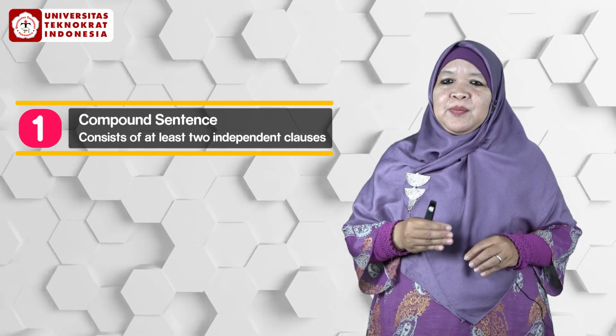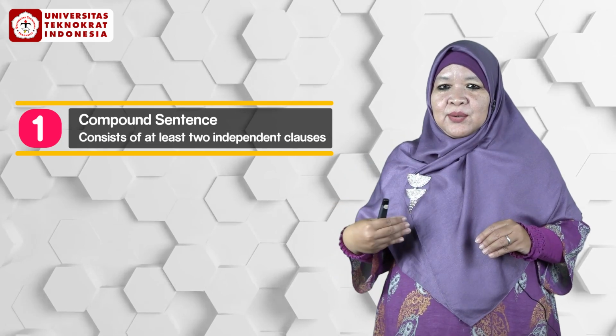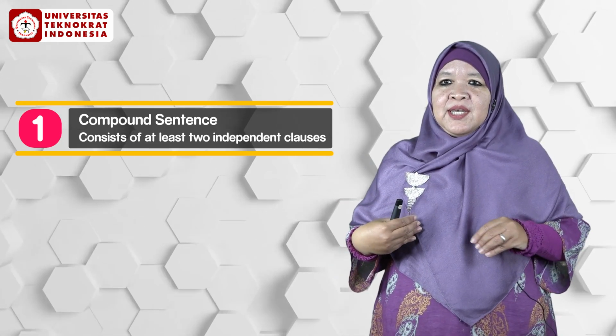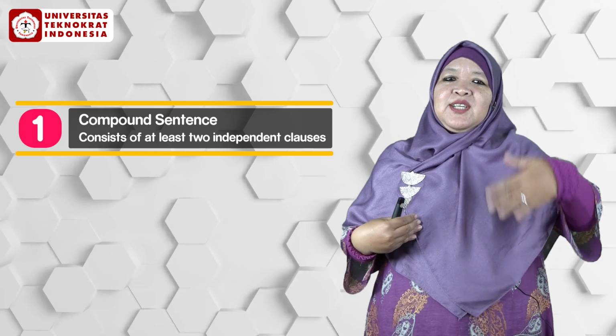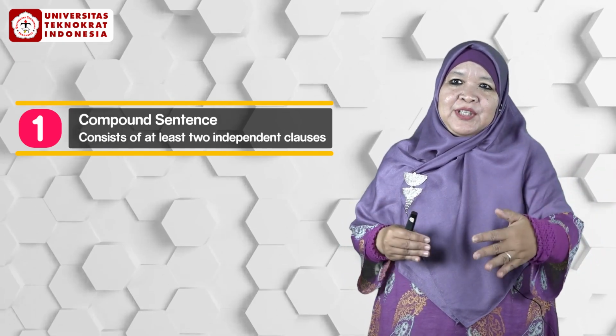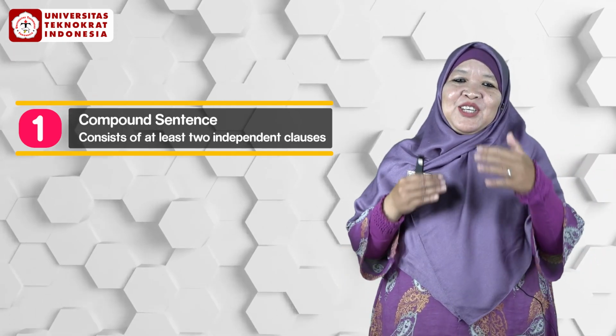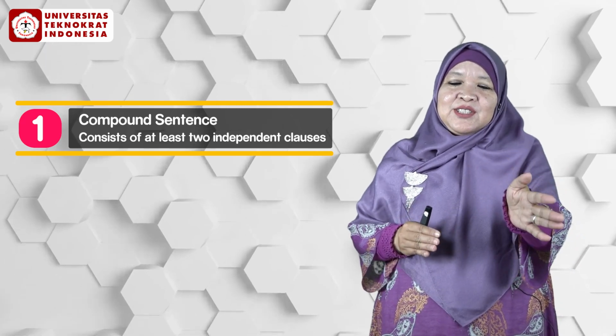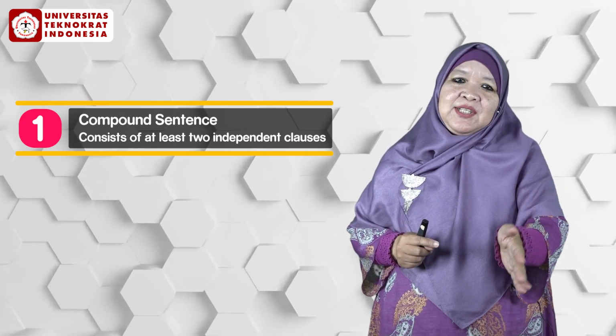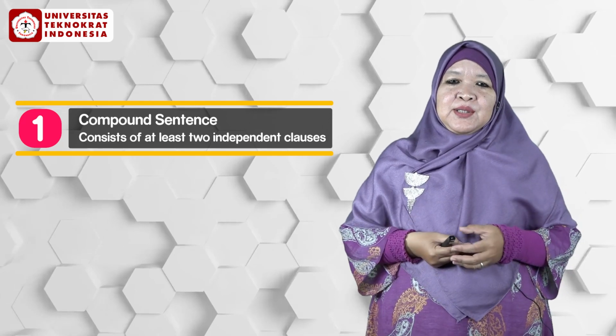It has two independent clauses. This road is one independent clause, and that road over there is another independent clause. And the bridge is combining the two edges of the road. So that is called a compound sentence.